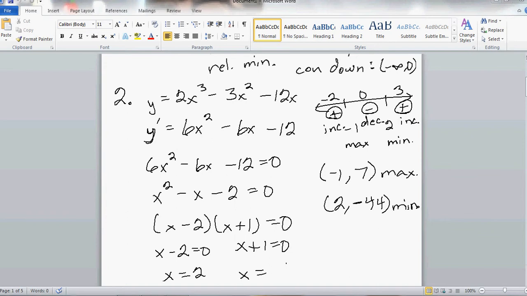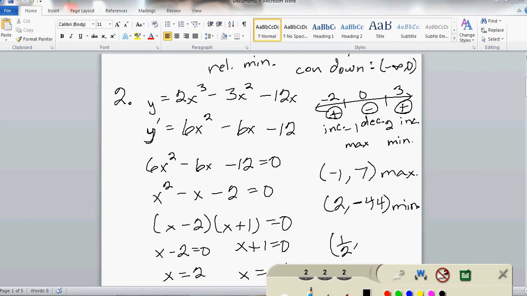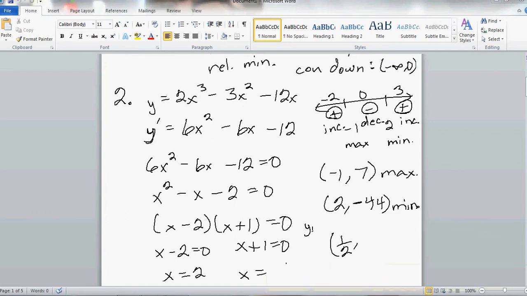And then going to what we just got done doing, we had an inflection point at 1/2 something. So I'm going to plug in 1/2 here, and doing a quick calculation, y of 1/2 would equal 2 times 1/8, which is 1/4. 1/4 minus, okay, 3 times 1/4 is 3/4, minus 12 times 1/2, which is 6. 1/4 minus 3/4 minus 6 is negative 6.5, or negative 13/2.